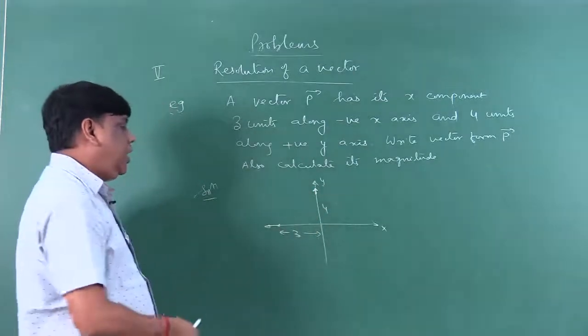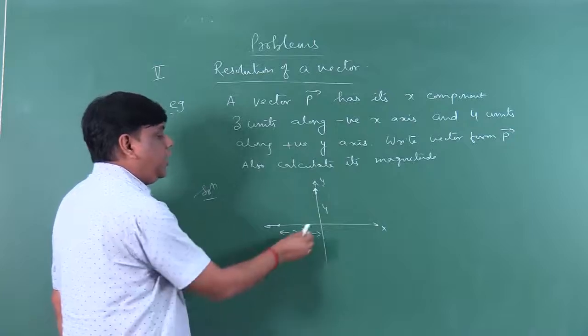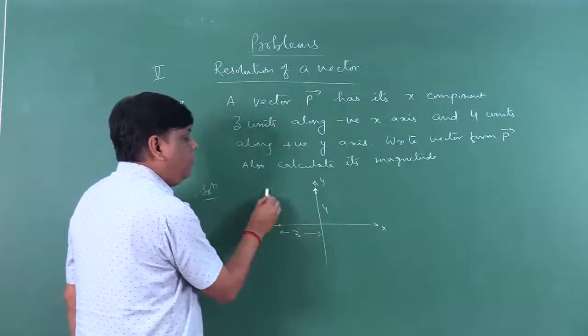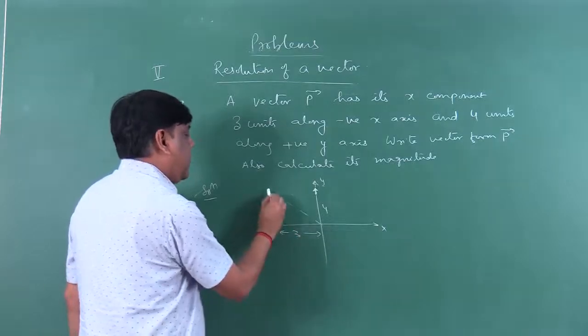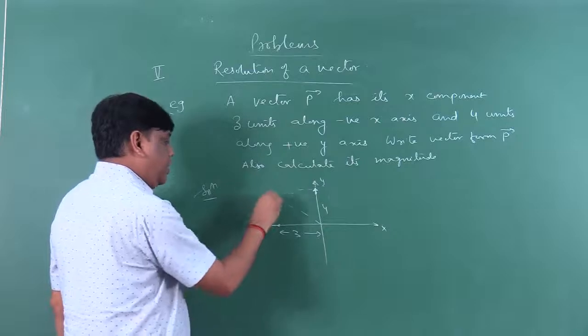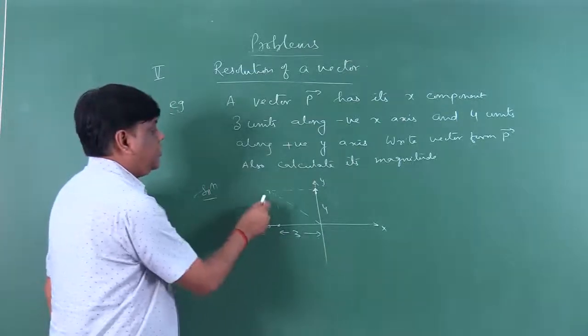तो ऑब्वियसली अगर ये दोनों इसके कंपोनेंट्स हैं तो उस वेक्टर का जो नेट जो होगा वेक्टर वो कुछ इस फॉर्म में ड्रॉ होगा, such that if I drop a perpendicular then this becomes the y component, and if I drop the perpendicular this becomes the x component.